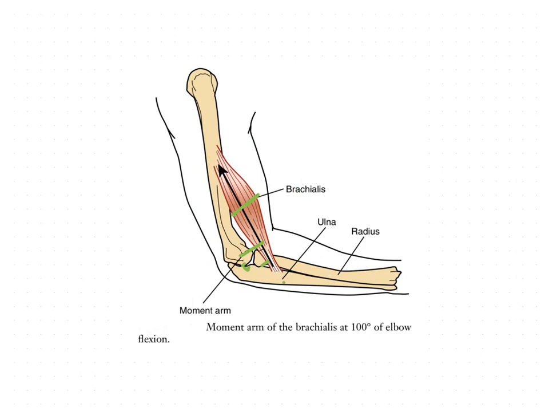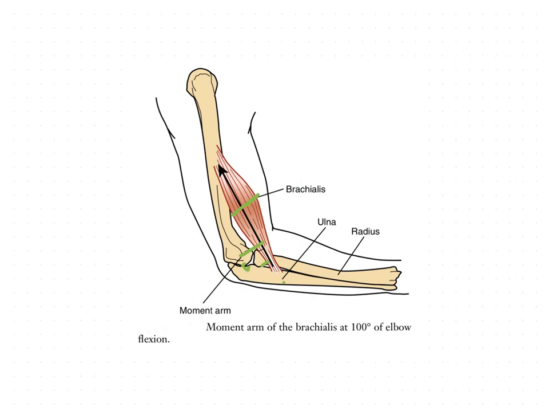Now the first one we are going to see is the elbow flexors, and we are going to apply all these factors affecting the elbow muscle activity, not the activation patterns.